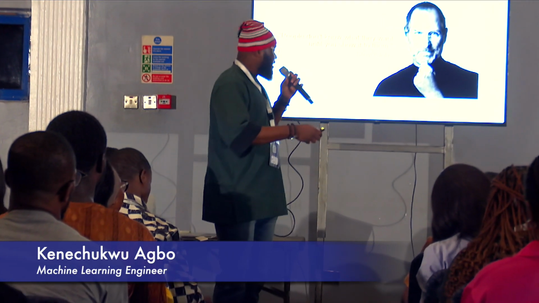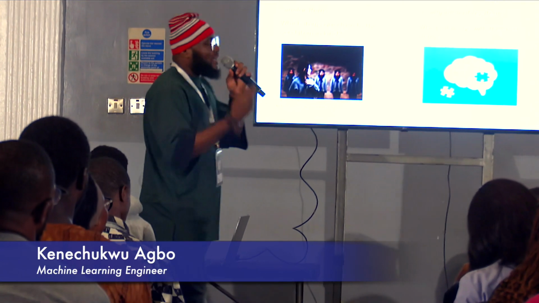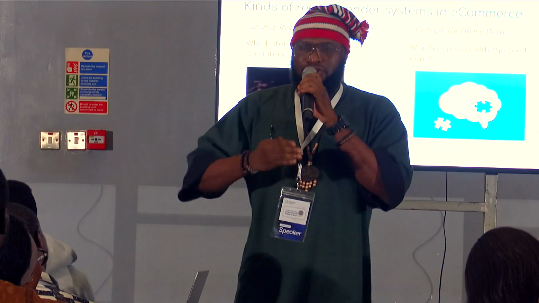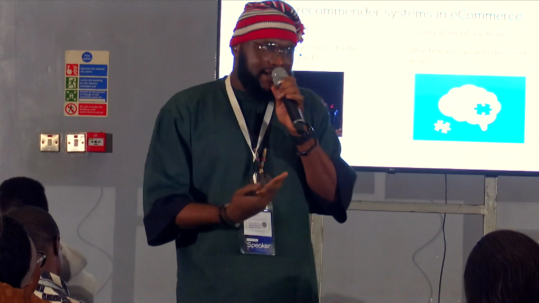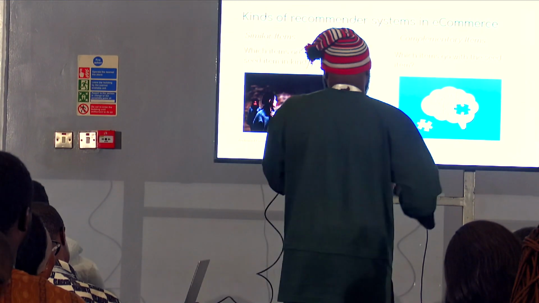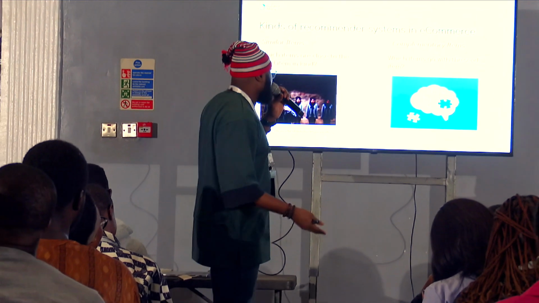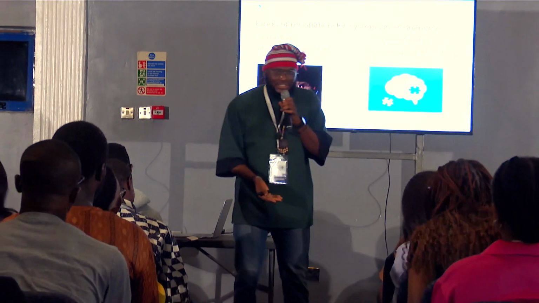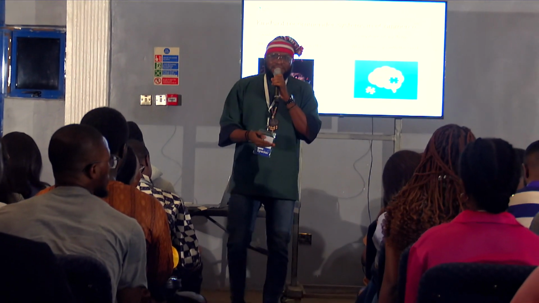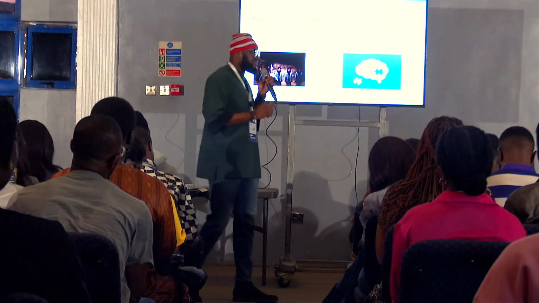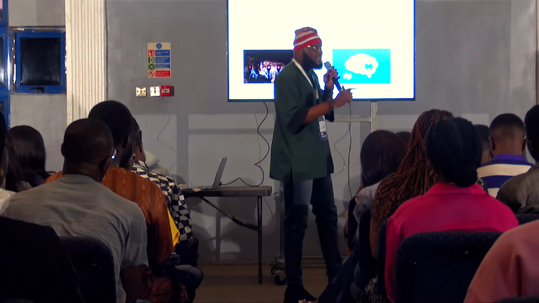But these networks, they don't just exist for that. In e-commerce, it's straightforward, but not exactly what I just said. In e-commerce, we have two kinds of recommender systems. We have similar items and we have complementary items. Similar items are items that can replace the seed item, seed item being the item that you click as the user.